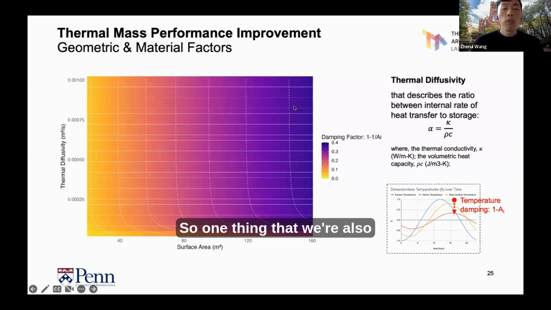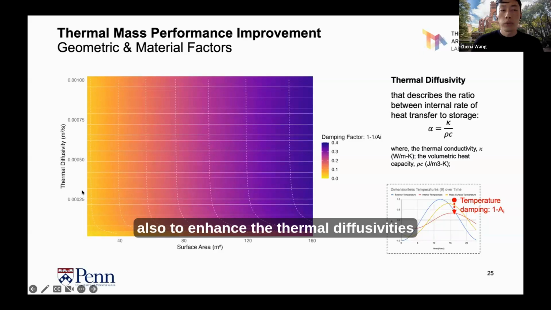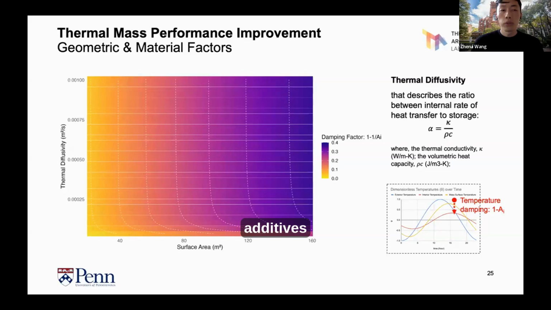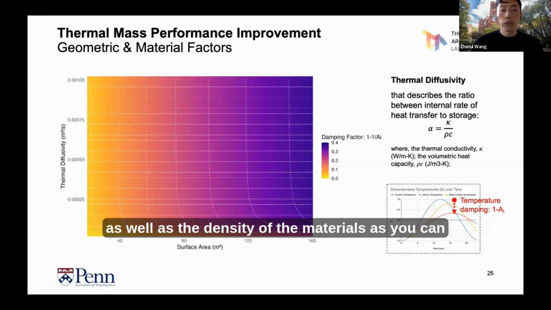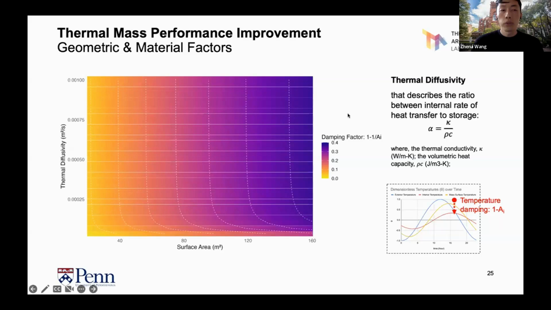So one thing that we're also very interested in is to enhance the thermal diffusivities, specifically through the different material additives, also through the curing condition, as well as the density of the materials, as you can see here.